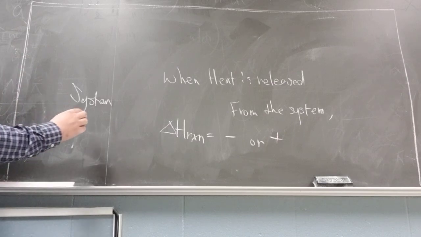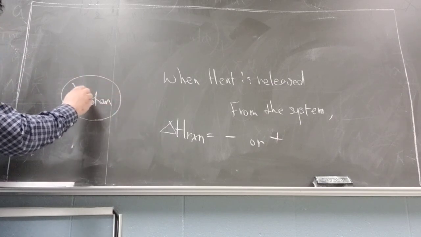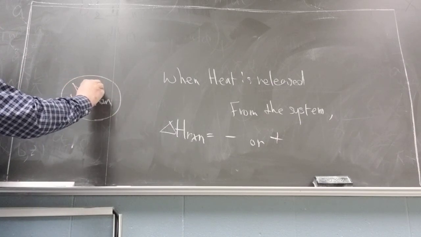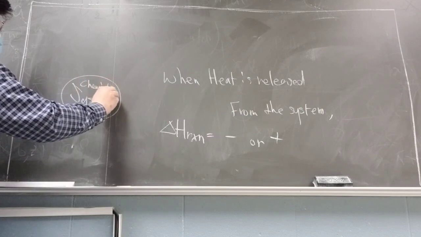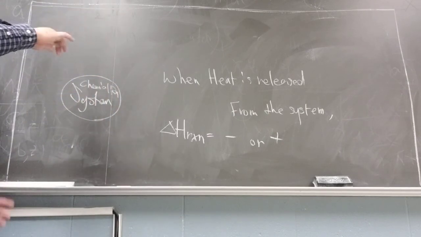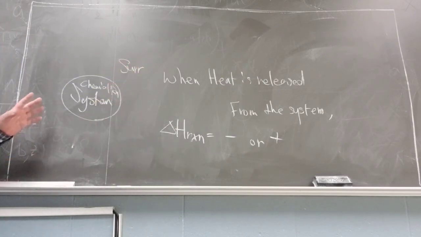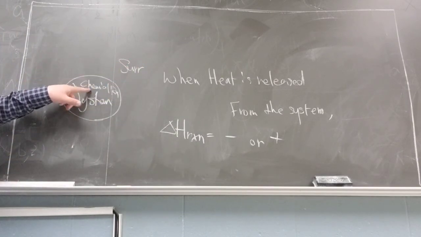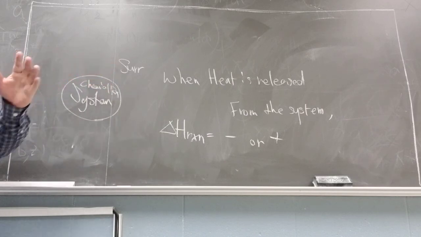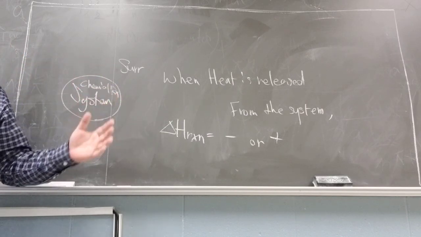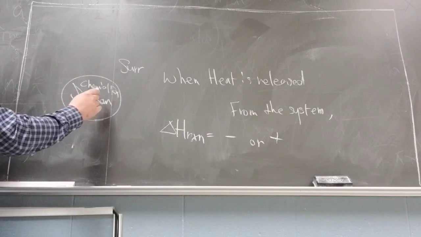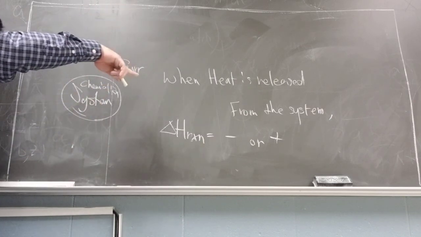So a very small portion where you're going to have a chemical reaction, okay? And then everything else in the universe is the surrounding, okay? So if you do the sum of system plus surrounding, it's equal to the universe, because it's literally everything. So the system is the small thing, and everything else is the surrounding.